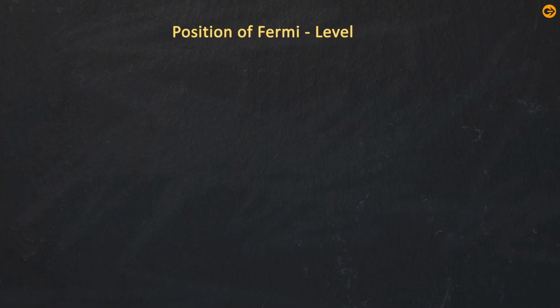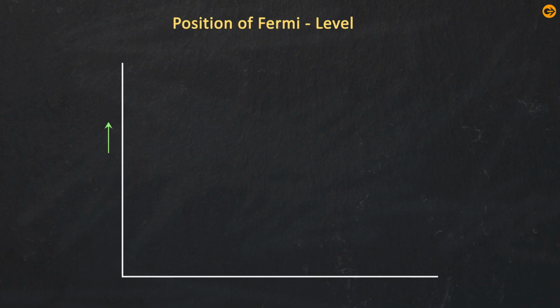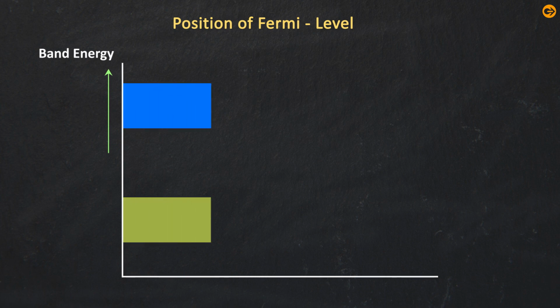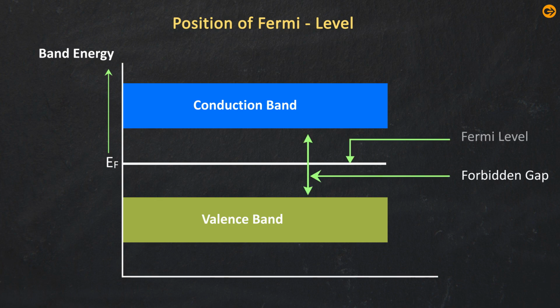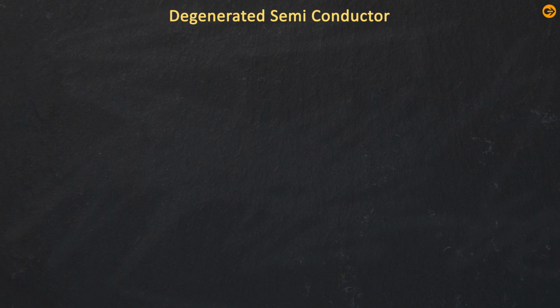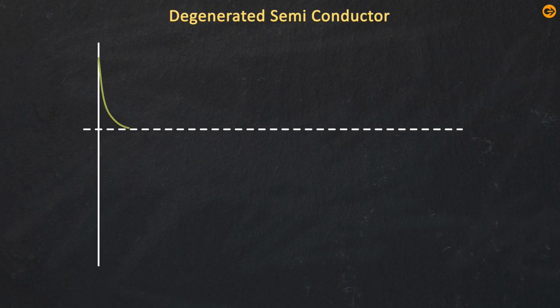Next topic is position of Fermi level. Fermi level is the maximum energy state which is occupied by the electrons in a material at absolute zero temperature. With an increase in temperature, the electron starts gaining energy. The Fermi level shown in this image is the maximum energy state of these electrons. Now coming to the classifications of it, we get degenerate semiconductor.